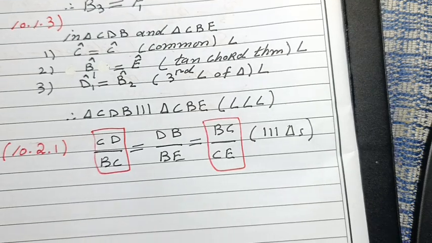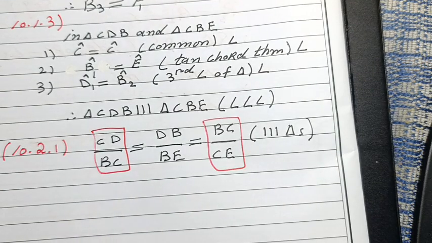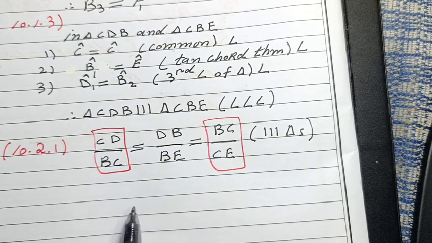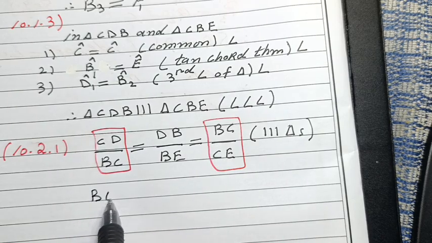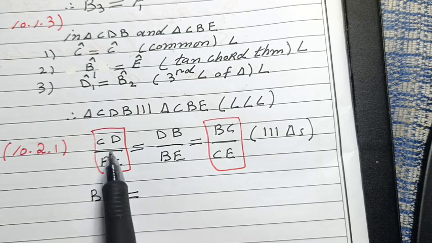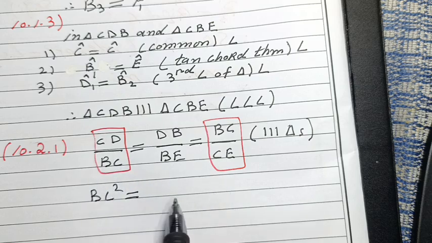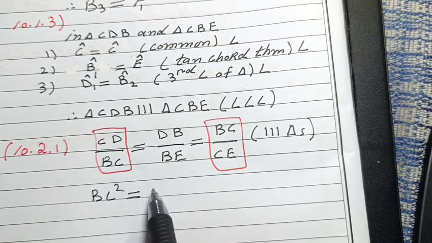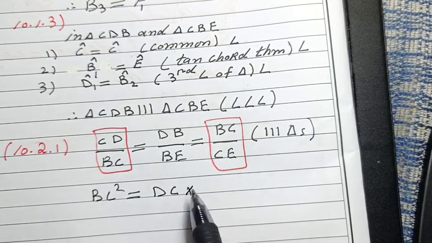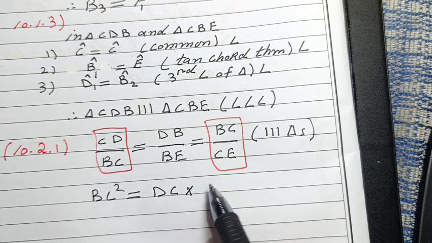So now I'm going to cross multiply. There's going to be BC squared equal to DC multiplied by EC.